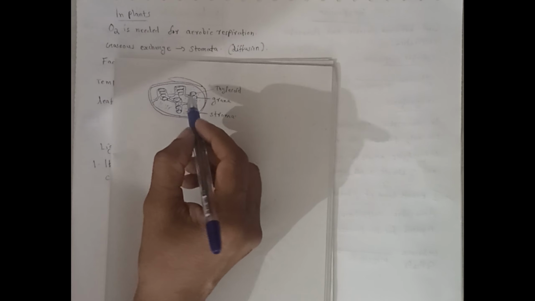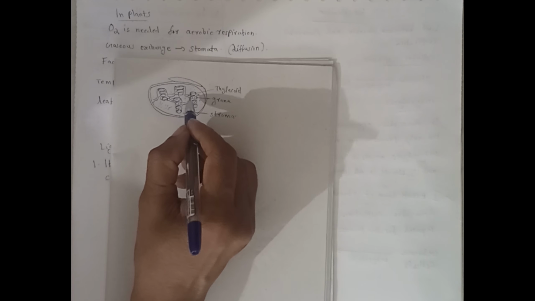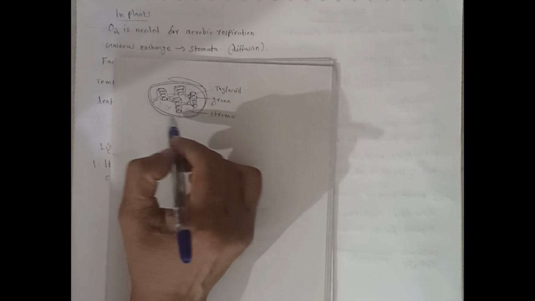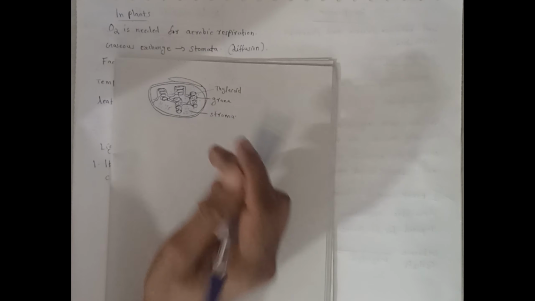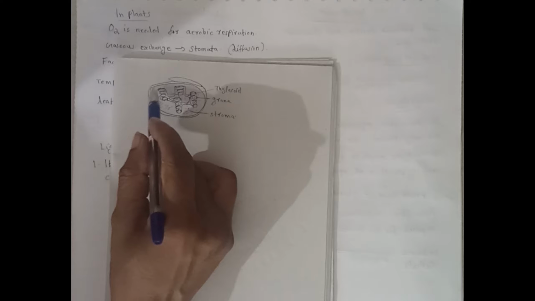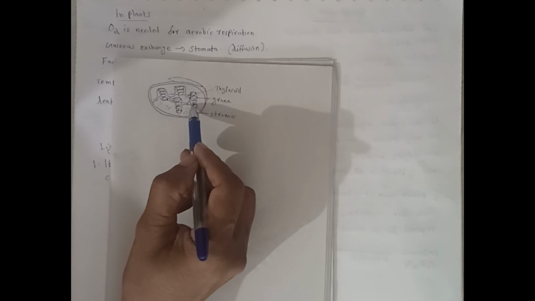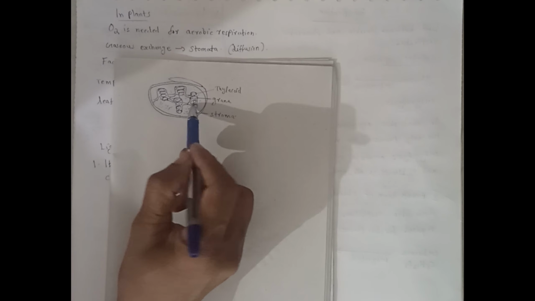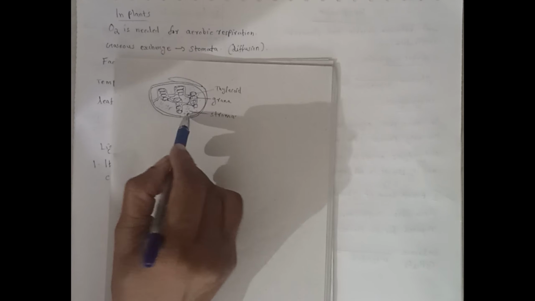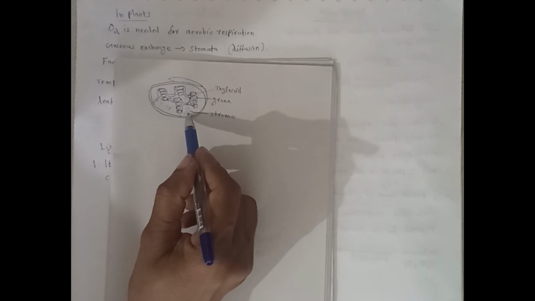Chlorophyll is the pigment seen in the chloroplast. Here is the fluid stroma. Light reaction occurs in the grana thylakoids and dark reaction occurs in the fluid stroma.